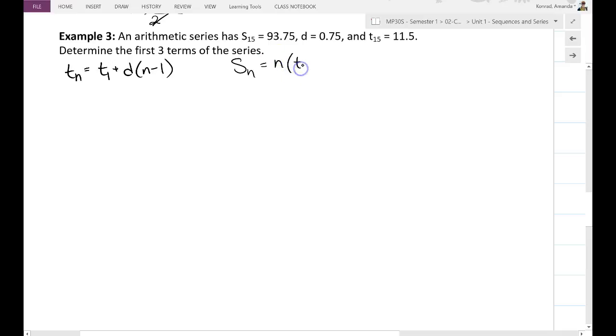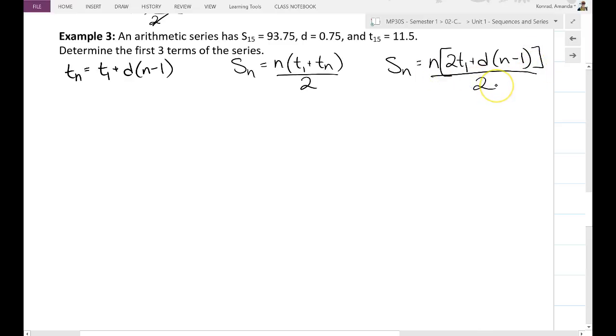And T1 plus Tn over 2. So all 3 of these equations are going to let you solve for term 1. It's just a matter of what you want to do.